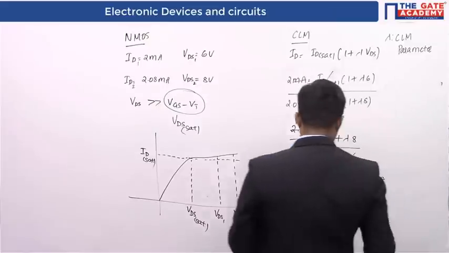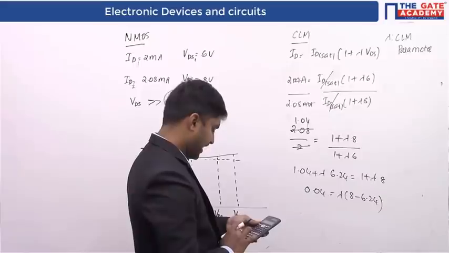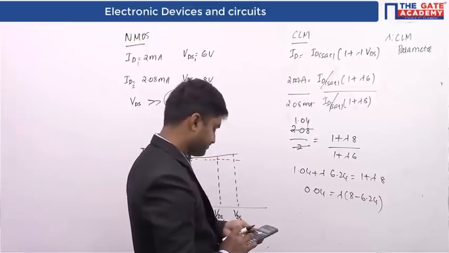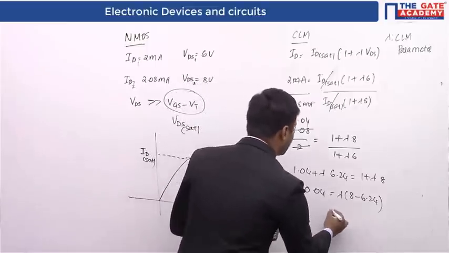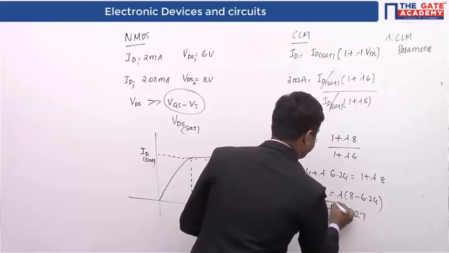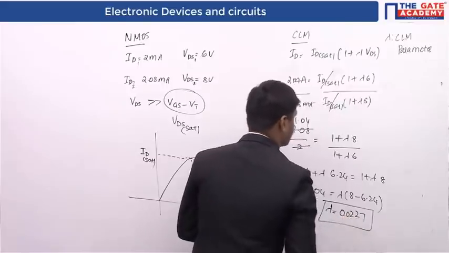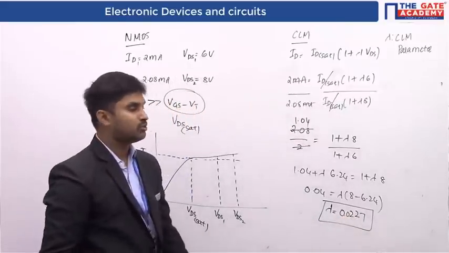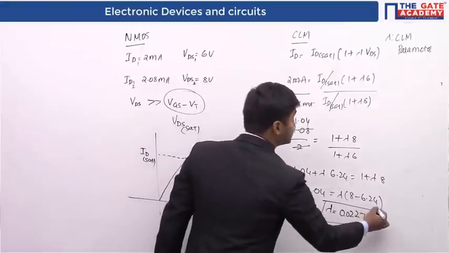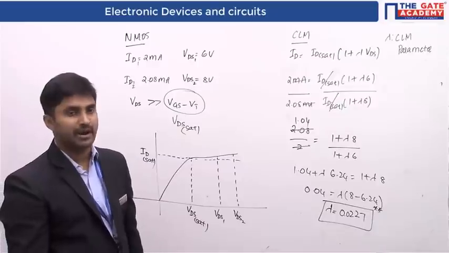So lambda is 0.04 divided by 8 minus 6.24, which comes out to be 0.0227. This is the value of the channel length modulation parameter.